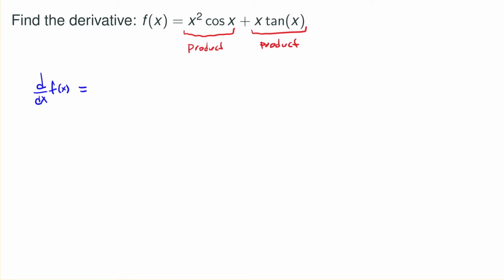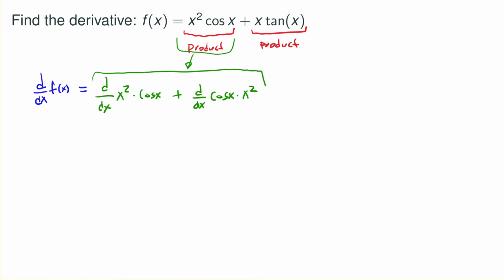let's write it in product form. So the derivative of x squared times cosine x plus the derivative of cosine x times x squared. So this is just for this portion. So this is the derivative of this. Then for this one, let's write it here using a different color.